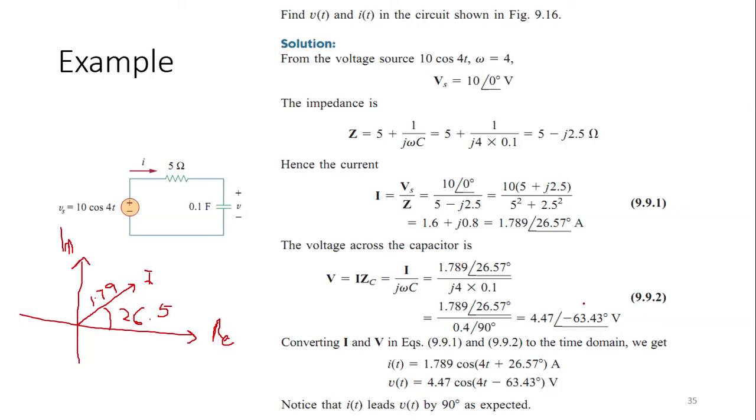And if we want to draw the phasor of voltage, it carries a negative angle. So with respect to our reference, it is in the clockwise direction at minus 63 degrees. So it's like this one. We are measuring our angle in the negative direction, and it would be minus 63.43.